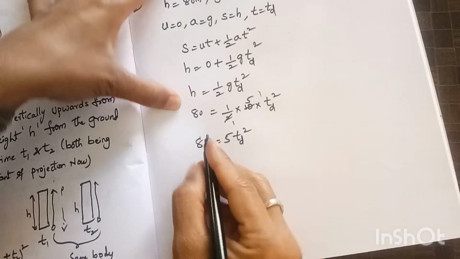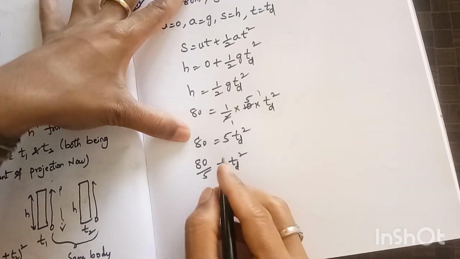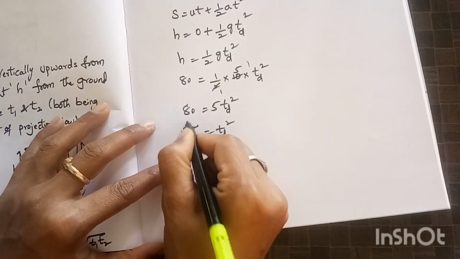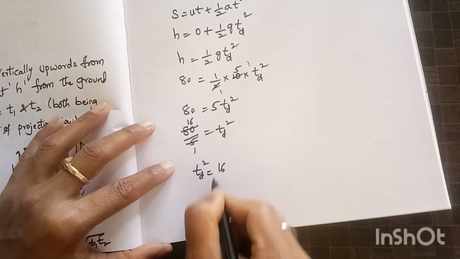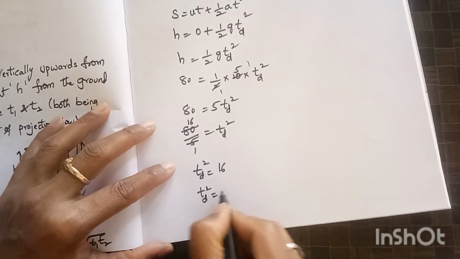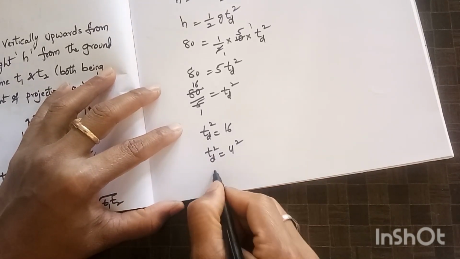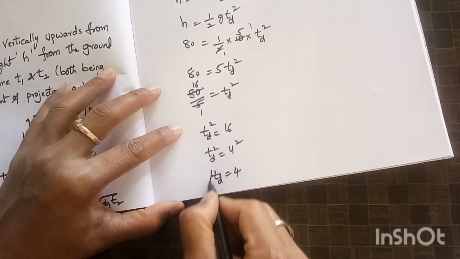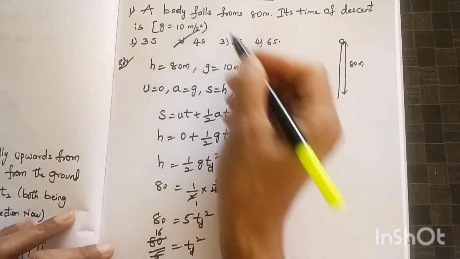Send this to the left hand side: 80 by 5 is equal to td square. 5 sixteens are 80, so td square equals 16. td square equals 4 square. Squaring on both sides, you get td equals 4. So the time taken by a body to fall 80 meters is 4 seconds.